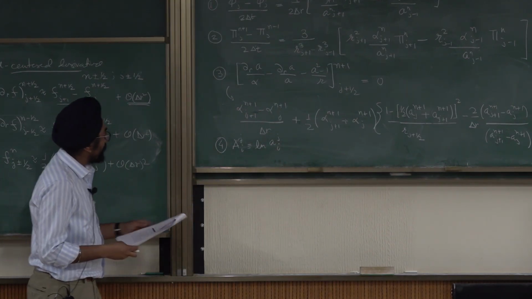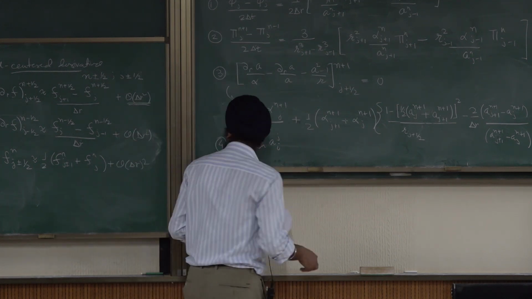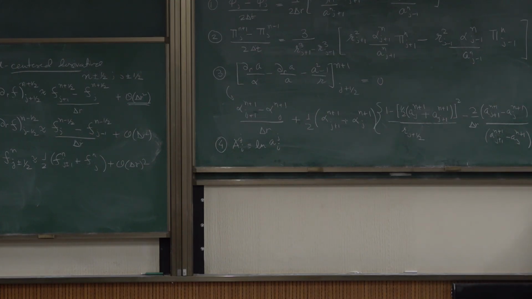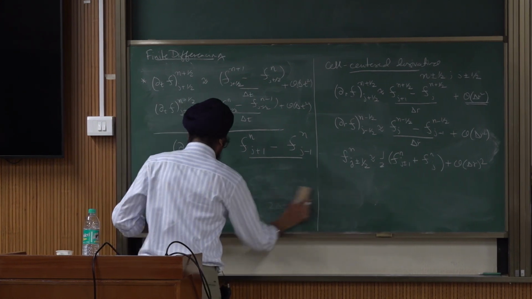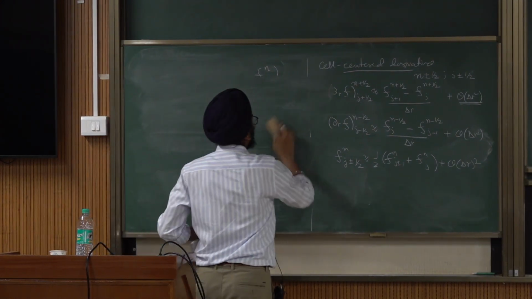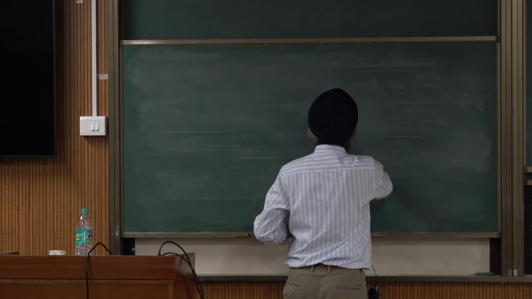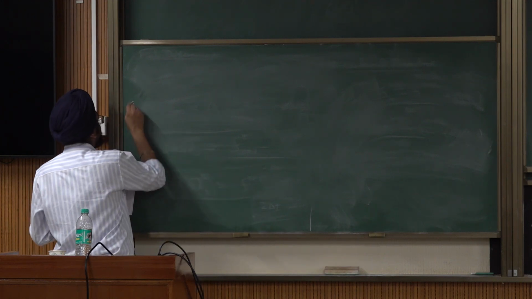So you will have an equation in terms of capital A. So essentially it is again, it's a bit complicated to write, but okay, still let me just write it down. So this is the fourth equation.